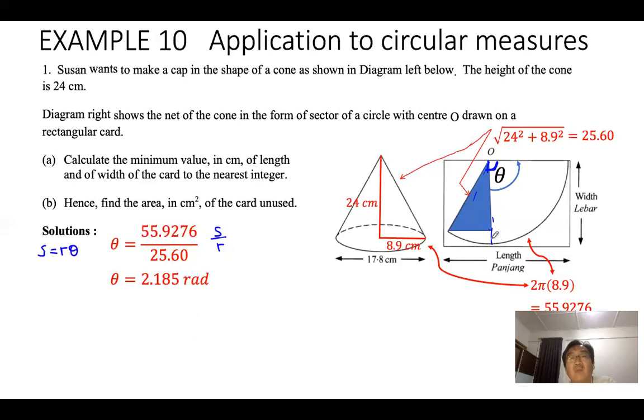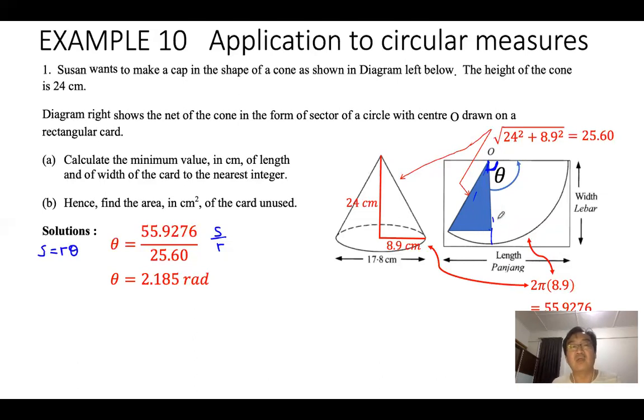Now is the length. The length we know is 25.6, but this part we don't know, so we need to find this length. We know this one is 25.6, and then we know the angle here. Then we can use the sine ratio to find the length of this.